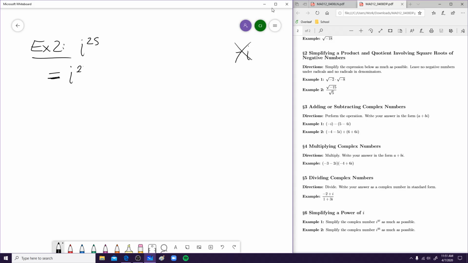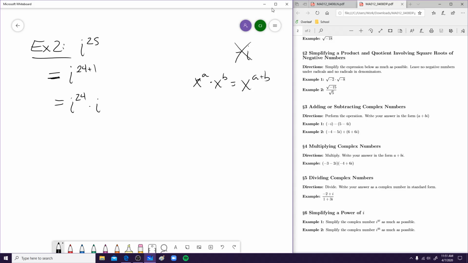25, that is also 24 plus 1. And what do we know about the multiplication property? We know if we have the same base, x to the A times x to the B is equal to x to the A plus B, assuming they have the common base. So over here we have A plus B, and so this can be rewritten as i to the 24th times i.